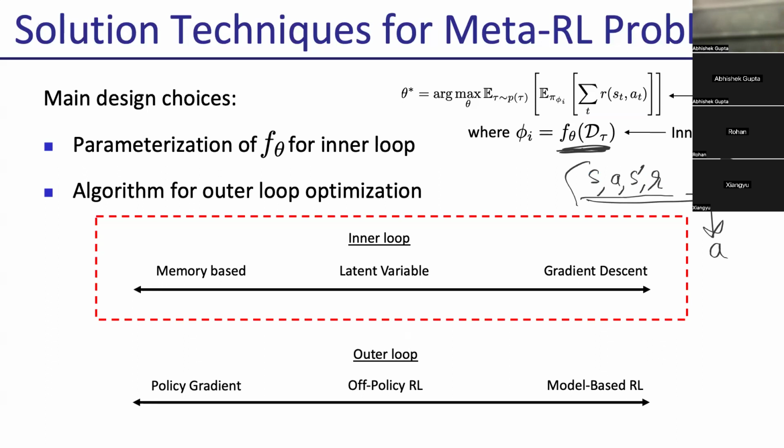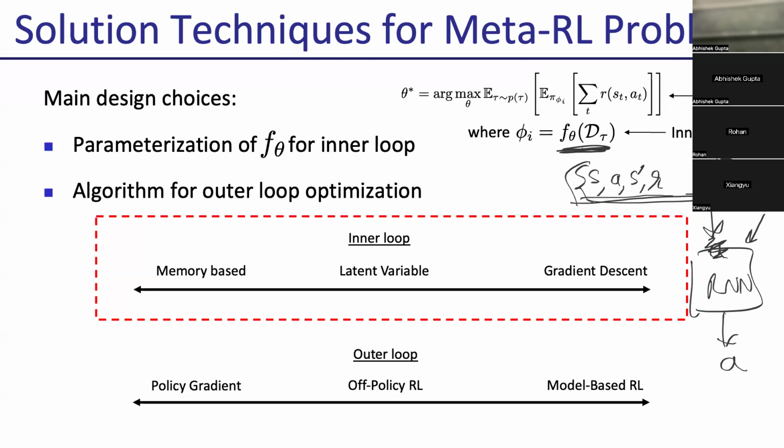So all it's saying is that your inner update rule is just going to be an RNN that takes in a past history of states and actions and gives you a new action for a new state. That's it, right? So the inner F theta is just a big neural net. It's not literally going to take in parameters, like I was saying. It's just going to take in the history of states, actions, next states, and rewards that you took in the environment, and it's going to try and output a better action.